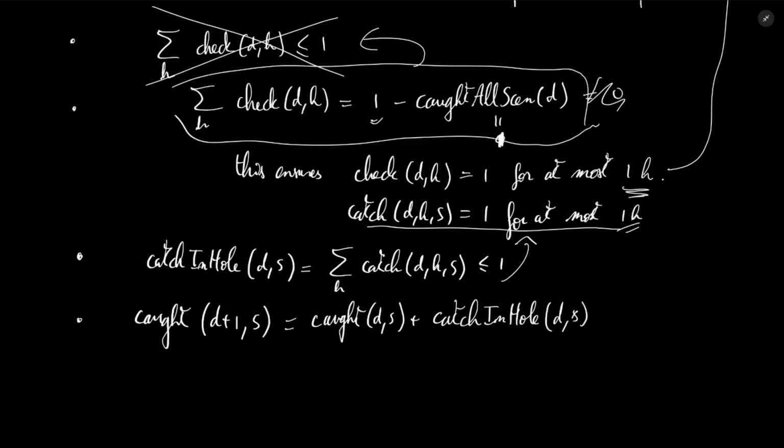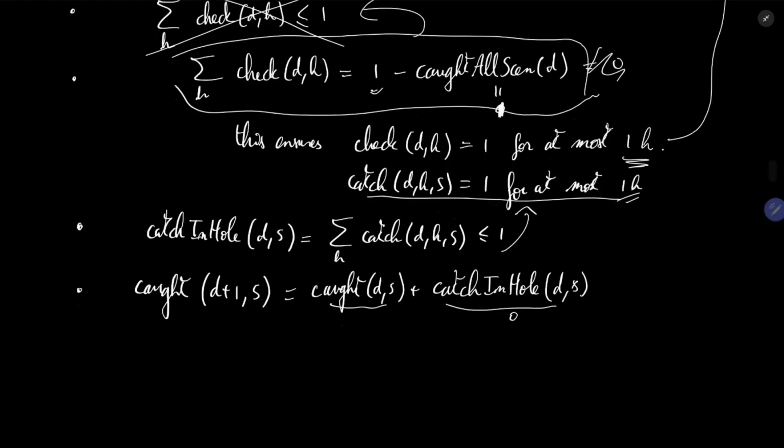And so what's going to happen is that at first this variable will be equal to 0, and as long as catch in hole is still equal to 0, caught is going to stay equal to 0. But as soon as we catch in hole in a specific day, then in a day right after, we will have this variable that will be equal to 1, and then for all the consecutive days it will be equal to 1 as well. So this variable will basically be equal to 0 for a long time and then equal to 1.